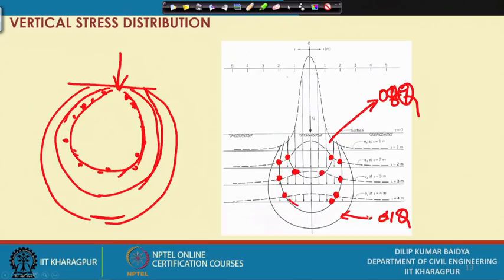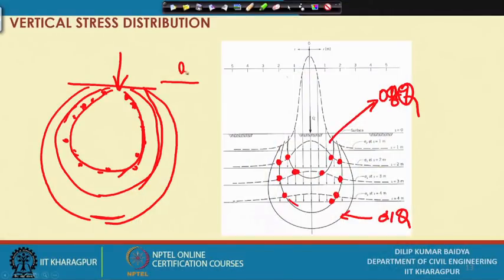Now, in soil mechanics, if I apply a load at the surface, up to what depth should we consider? Soil under loading will behave differently, and because of that soil may undergo compression and subsidence, so you have to consider soil up to a certain depth. Up to what depth do we have to go? That is what I will show you later on.